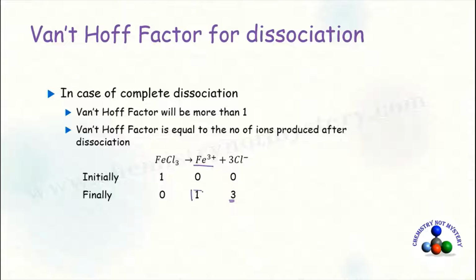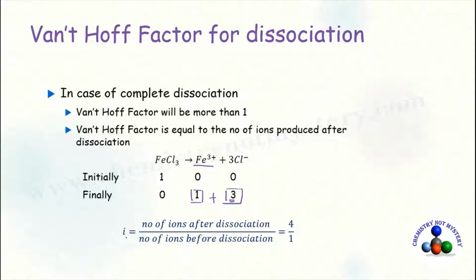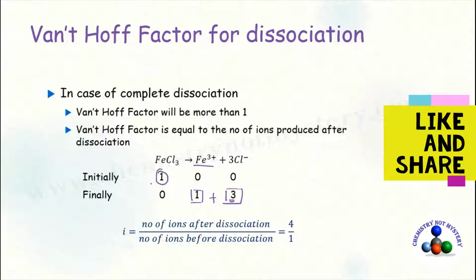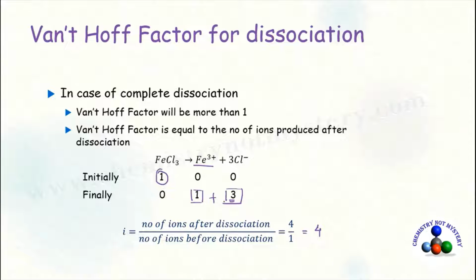Total number of ions after dissociation will be 1 plus 3. So here you will get i, the number of ions after dissociation, is equal to 4, and before dissociation there is just 1 mole of FeCl3. So the i value will be equal to 4, which is equal to the number of ions produced after dissociation.